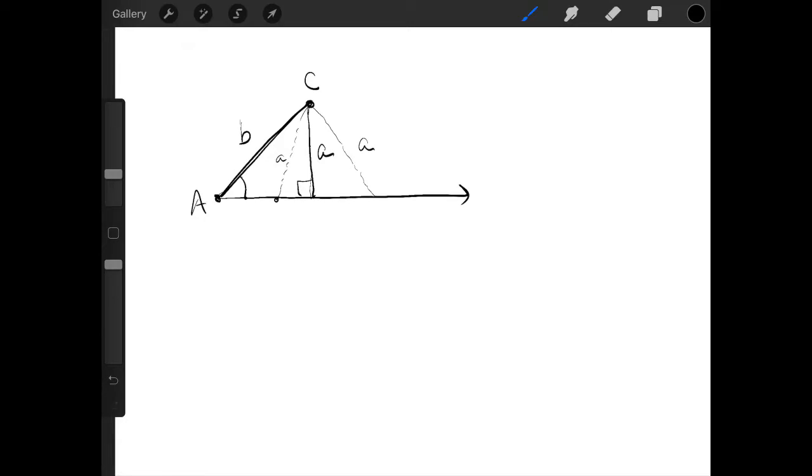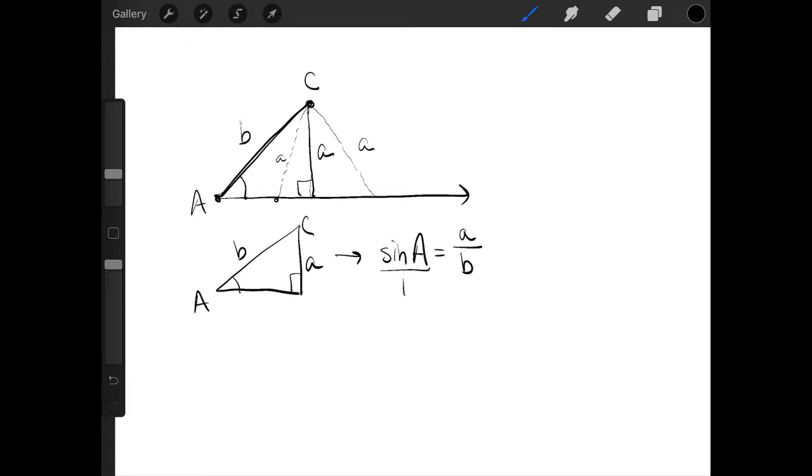So let's focus on a. Let's pretend that a fits perfectly into a right triangle. So let's say a is the perfect length that forms a right triangle. If this was the case, then we can use what we learned in 9-1. We know that the sine of capital A, angle A, is equal to opposite over hypotenuse.